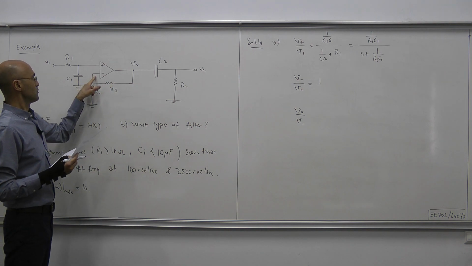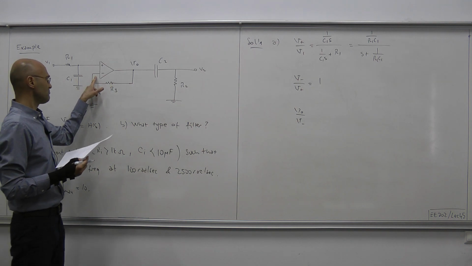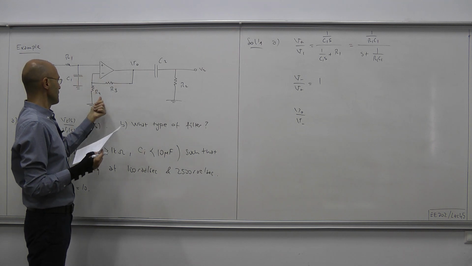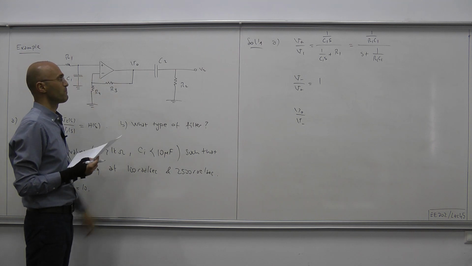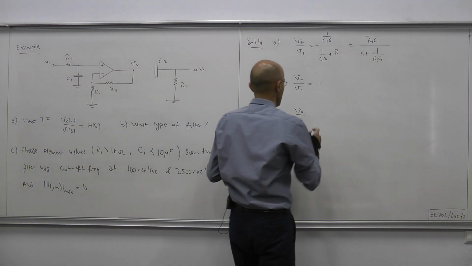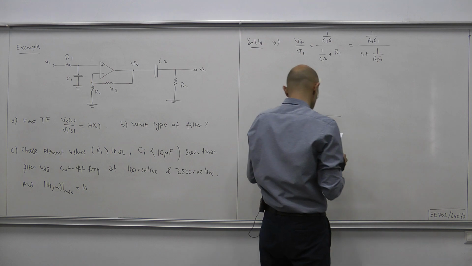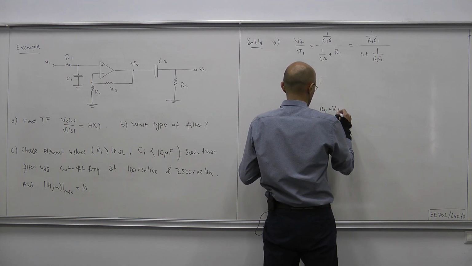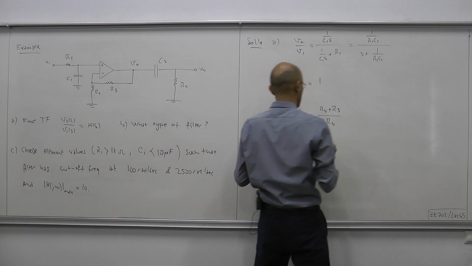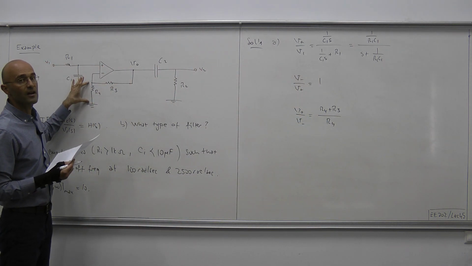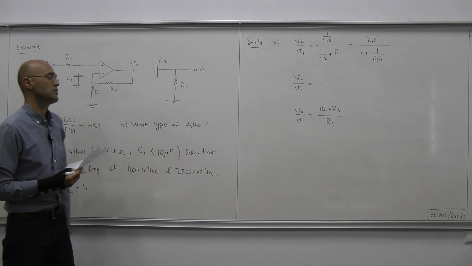To figure out V minus in terms of V out or vice versa, again we can make use of a voltage division. So V out over V minus equals R4 plus R3 over R4. This is V out. Here we have V minus, and the whole voltage is V out.